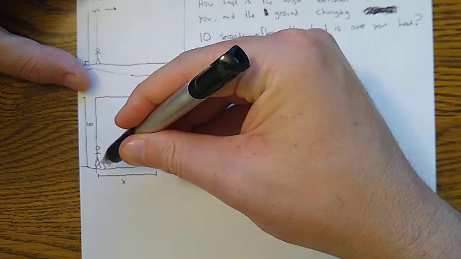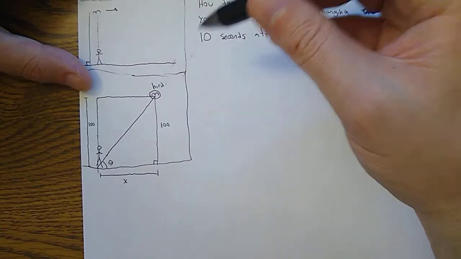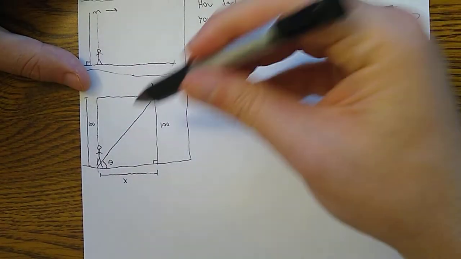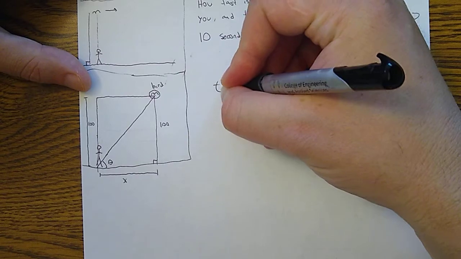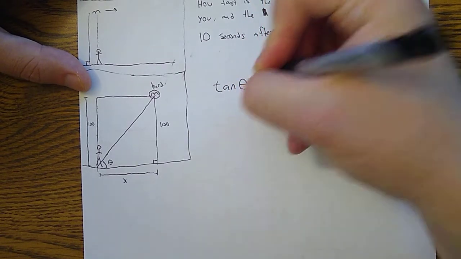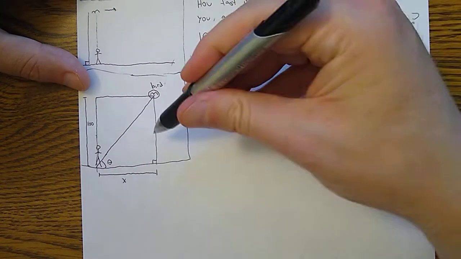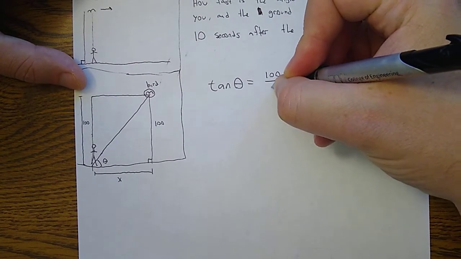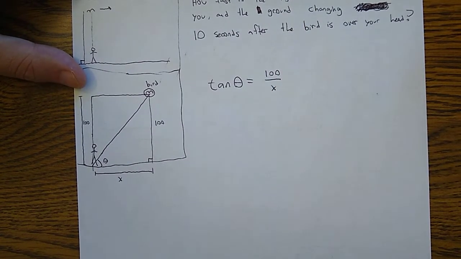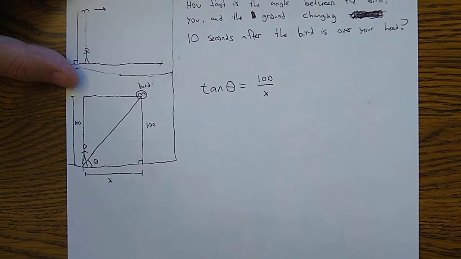So if I think about my trig functions, and SOHCAHTOA, I know the opposite and I know the adjacent, so maybe it would make sense to talk about tan theta, because tan theta is opposite over adjacent, right?